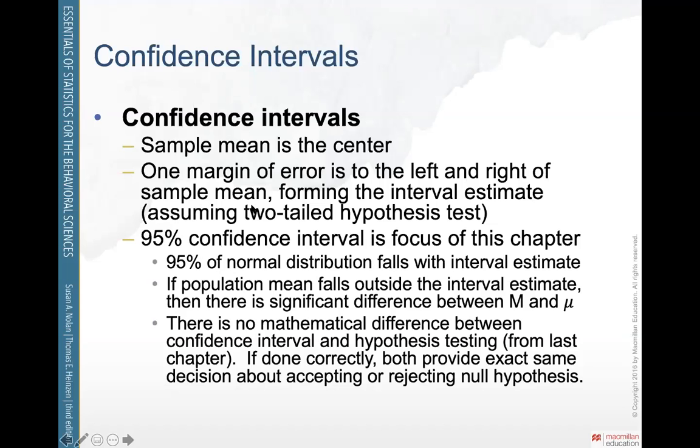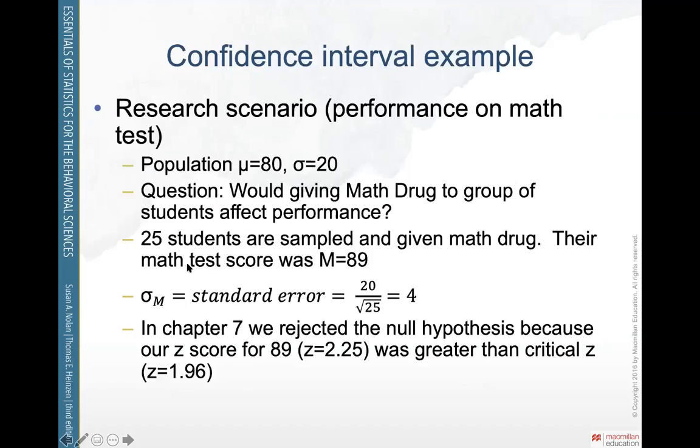In this class, we will always be dealing with two-tailed confidence intervals. That is, there's a margin of error to the right and a margin of error to the left of the sample mean, which forms the center of the distribution. Basically, almost every time in this class that we do a confidence interval, we would be doing a 95% confidence interval.